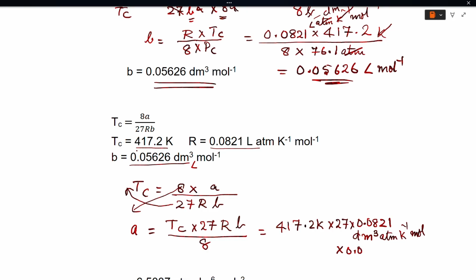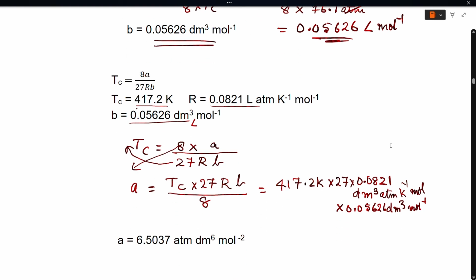That we have already calculated, 0.05626 decimeter cube per mole, divided by 8.